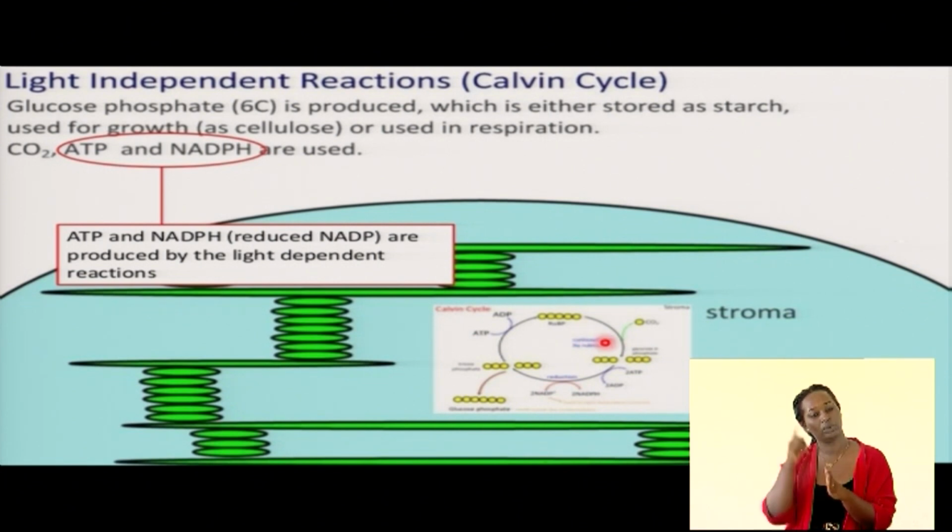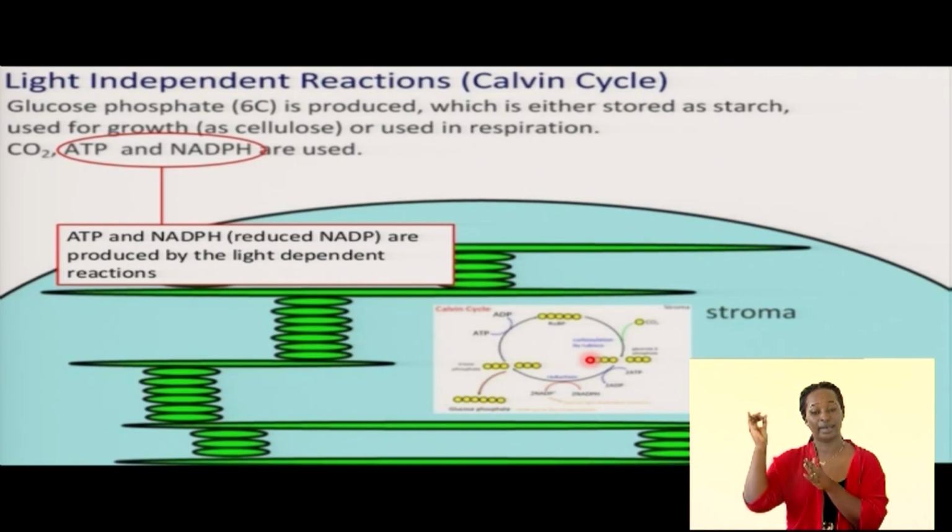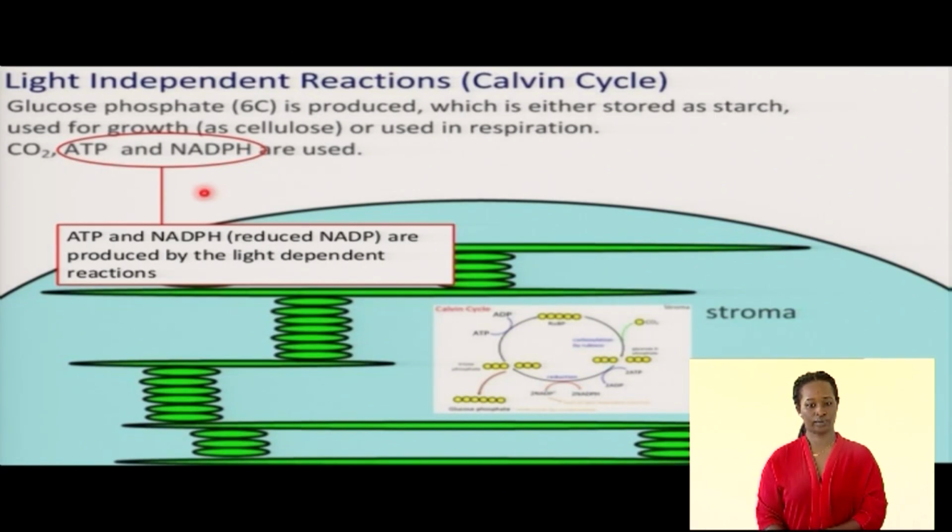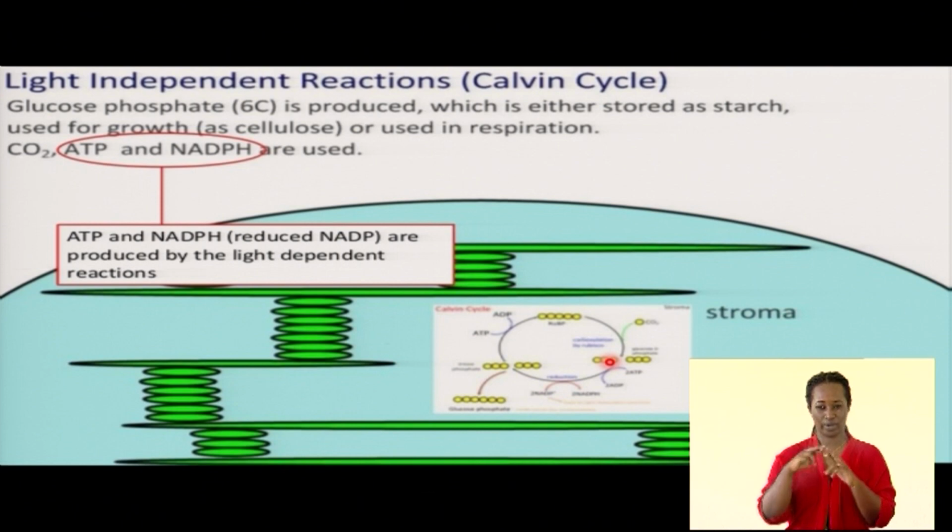Because we no longer need light, but we need its products, right? So that's exactly what we are looking at, the connection between the light-dependent reactions and the light-independent reactions. The products of one reaction will act as requirements for the preceding reaction.